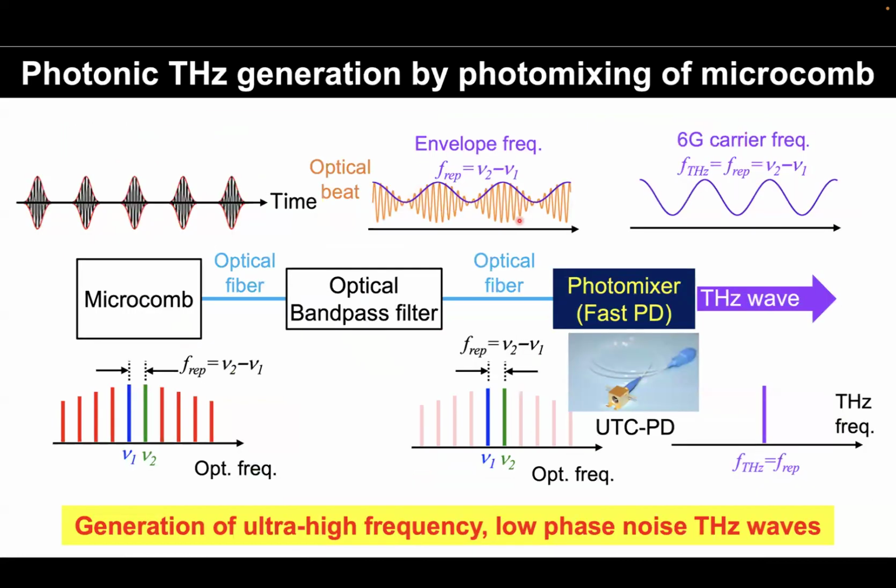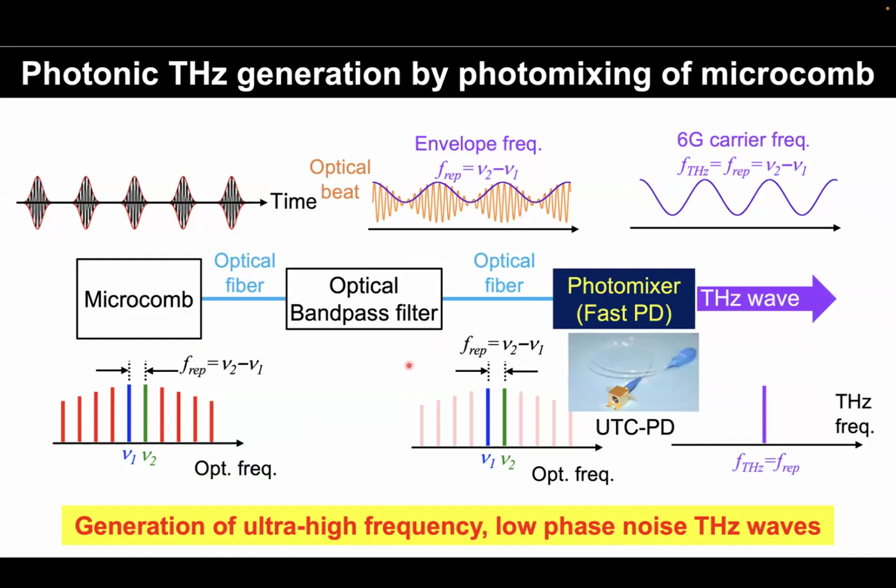We apply this for photonic terahertz generation by photomixing of a microcavity comb, or microcomb. Microcomb generates OFC with FREP over several hundred gigahertz, which is comparable to the 6G wireless carrier frequency.